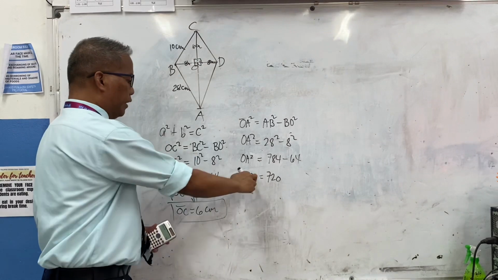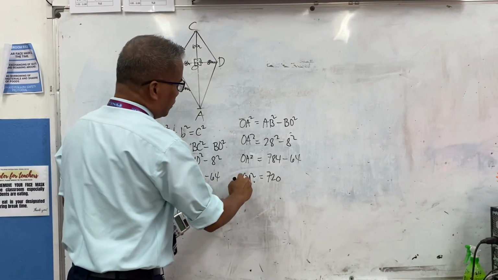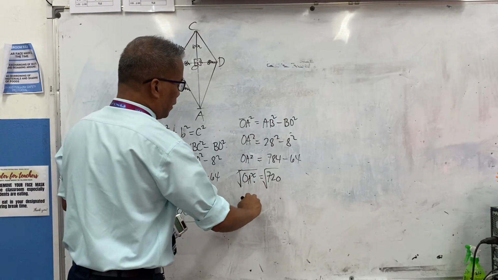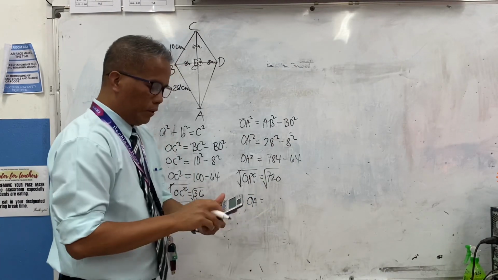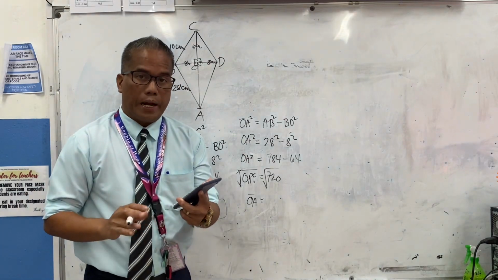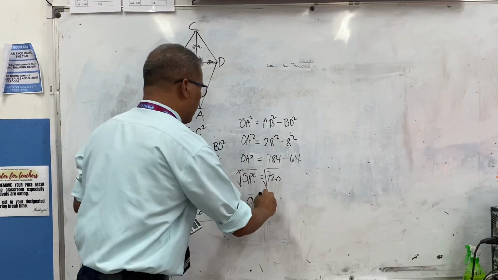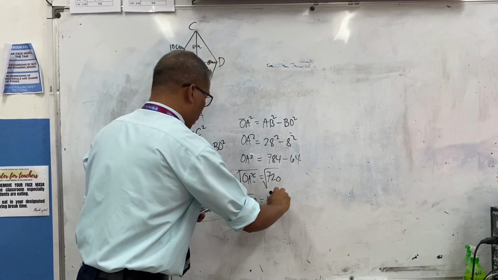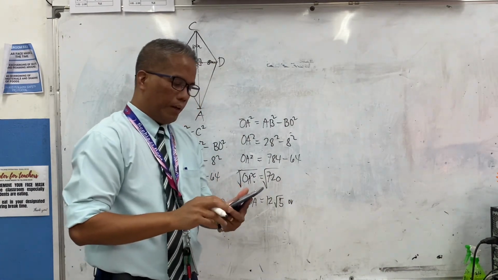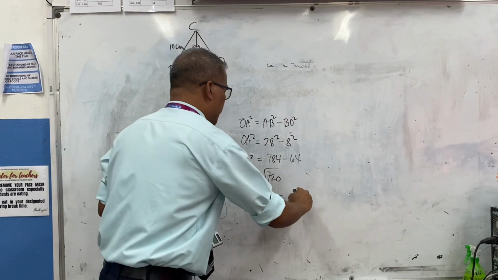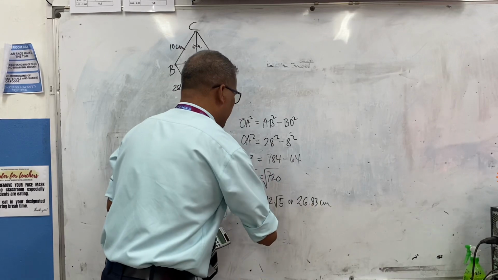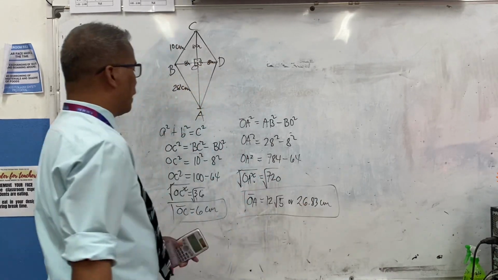Then to remove the exponent 2 and find OA, we apply the square root property. Segment OA is equal to the square root of 720. The answer will be 12 square root of 5, or in decimals, 26.83 cm. That is the length of OA.